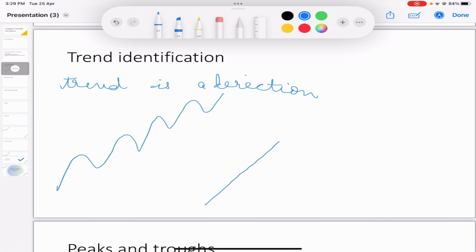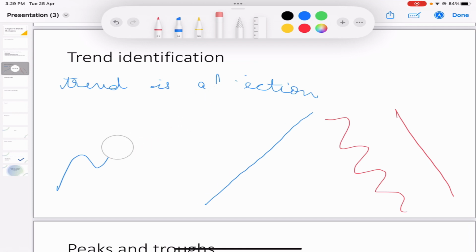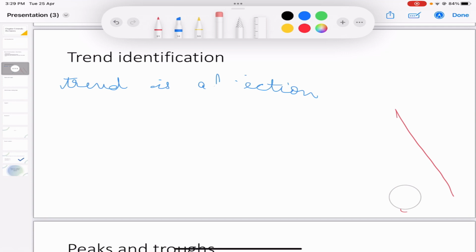It never goes up like this. And when the price is coming down, it goes down like this and never in a straight line. So a trend is usually a direction and not a straight line. The trend doesn't move in a line, it moves in a particular direction.